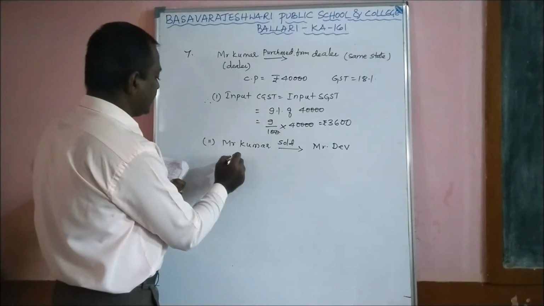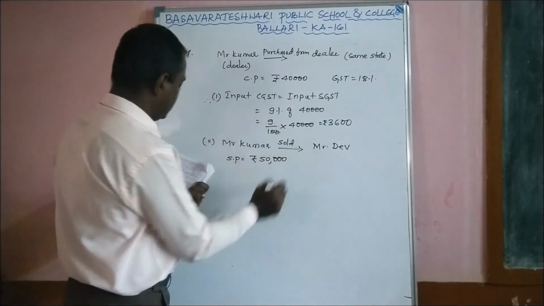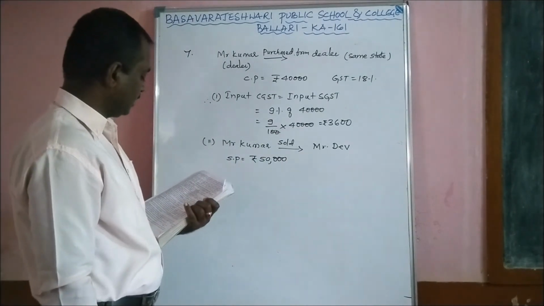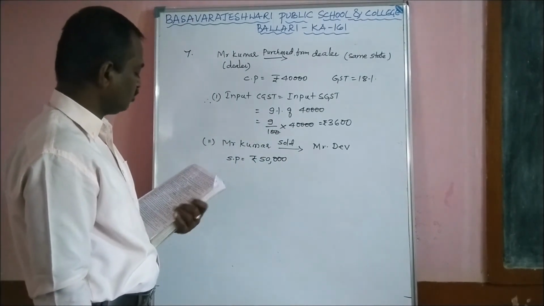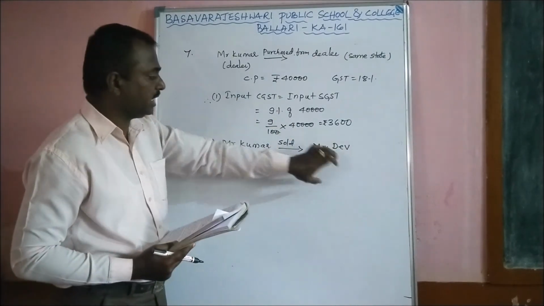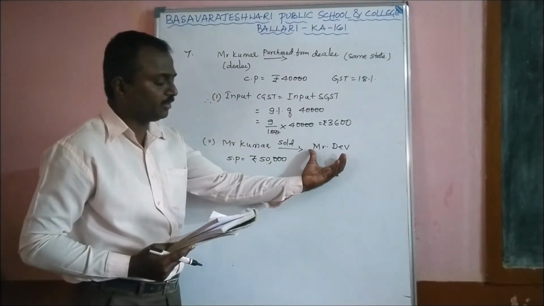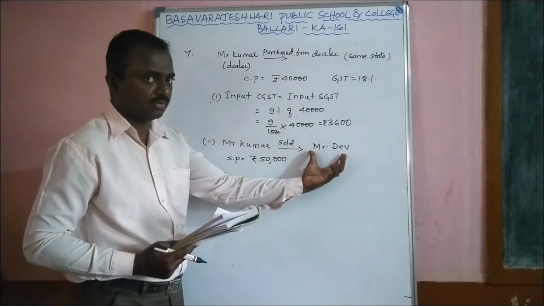So what is the selling price? Rupees 50,000. Calculate Mr. Kumar's output CGST and output SGST. When he is selling to Mr. Dev, definitely Mr. Kumar receives some output GST from Mr. Dev.